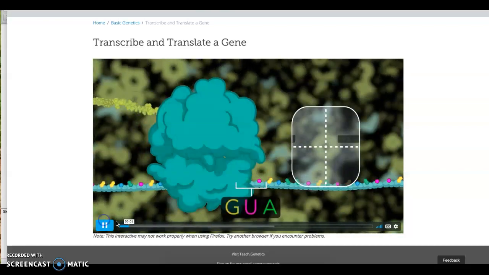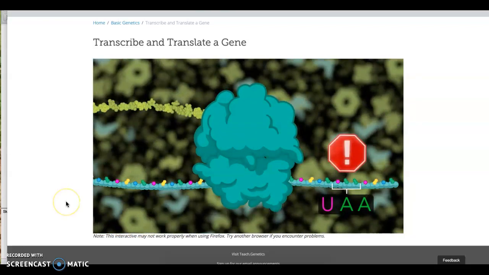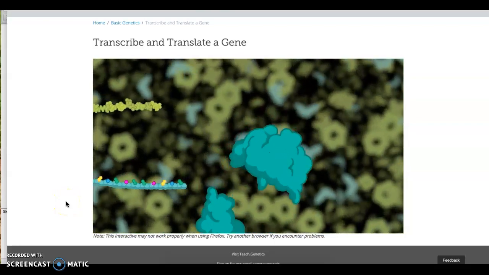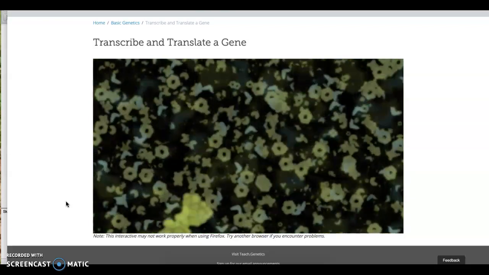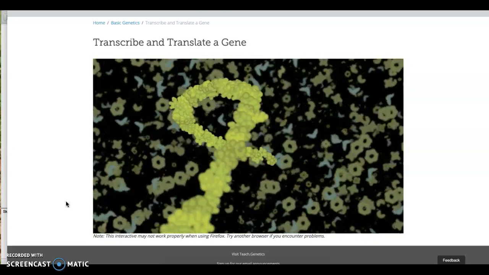When the ribosome reaches a stop codon, it detaches from the mRNA strand. The chain of amino acids folds into its final form and the new protein is complete.